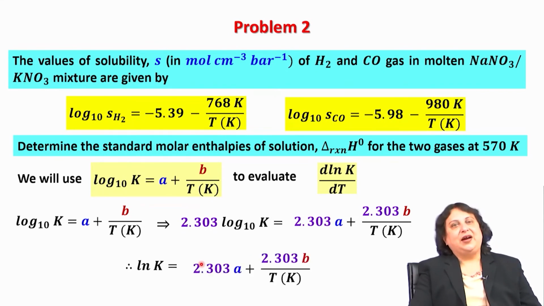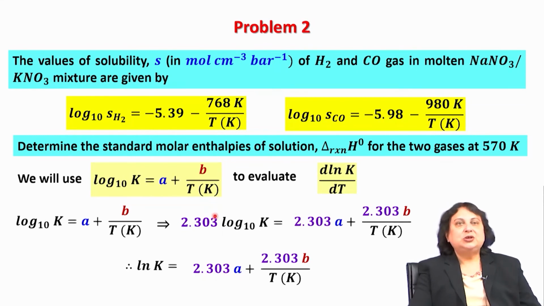I have converted my experimental data, and it now gives me ln K equal to 2.303 A plus 2.303 B divided by T. And please remember, I know the values of A and B from my original fitting data.